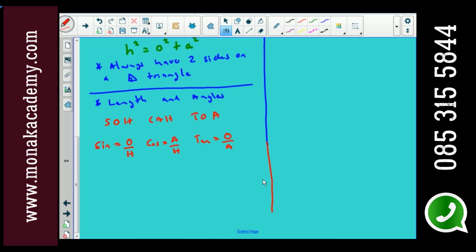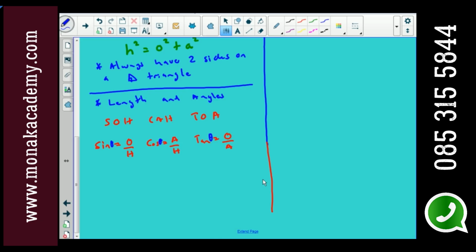So SOH-CAH-TOA, you just have to know it is like this. It depends now whether you want a side or you want an angle. So the sin will always be the sin of some given angle. So I will put the theta here, sin of some given angle, or cos of some given angle, or tan of a given angle.